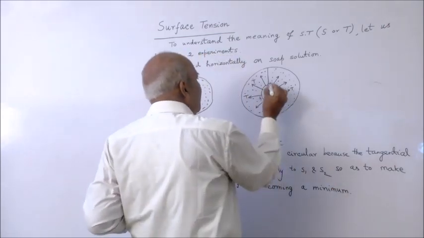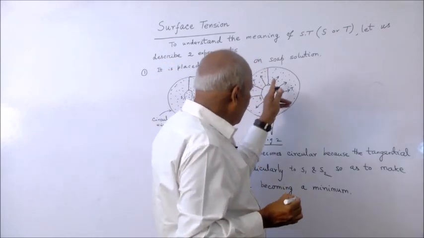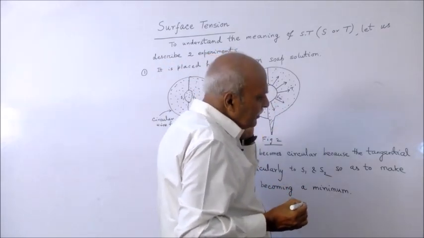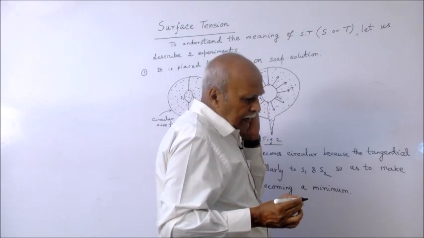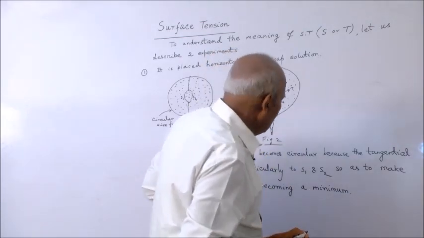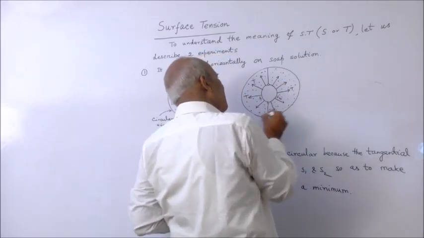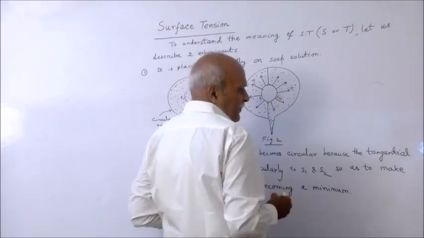You see, this circle has the maximum area compared to all the figures, may be square, rectangle; one can calculate and show that a circle has the maximum area. So, the circle occupies maximum area. So, the rest part of the liquid has minimum area.